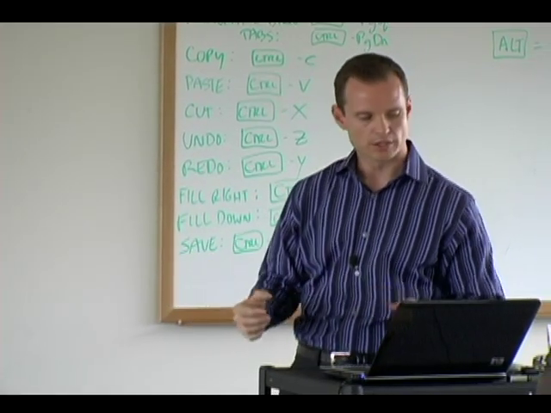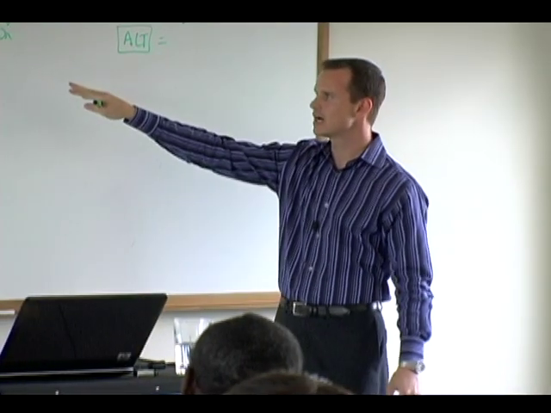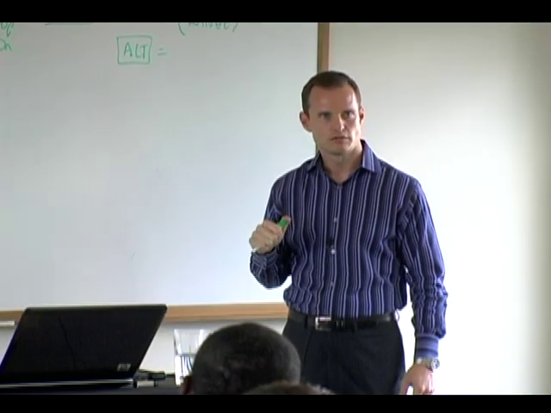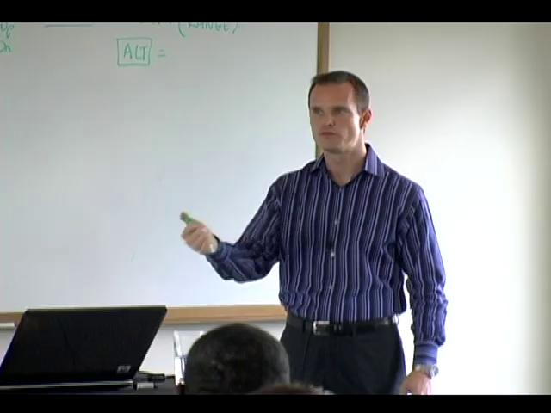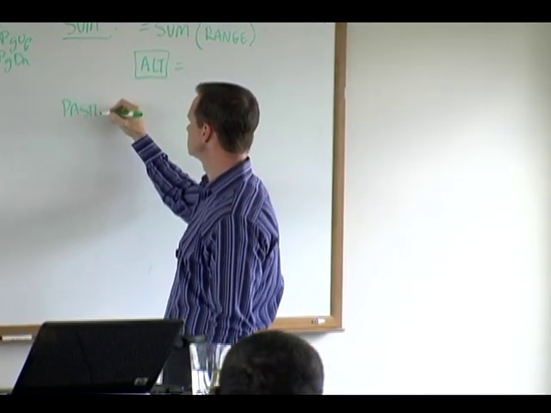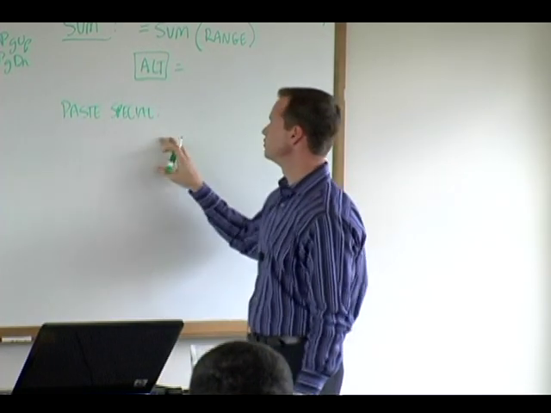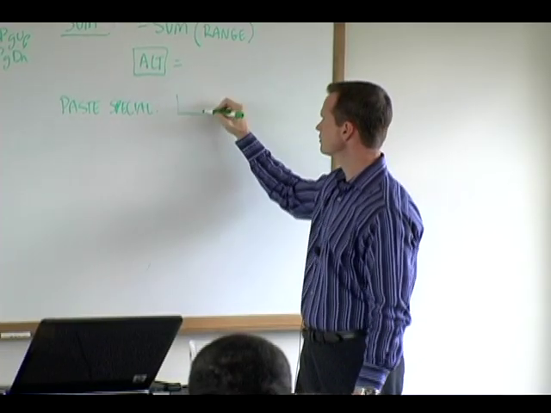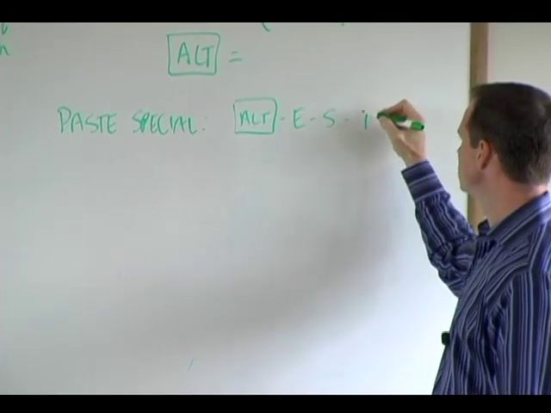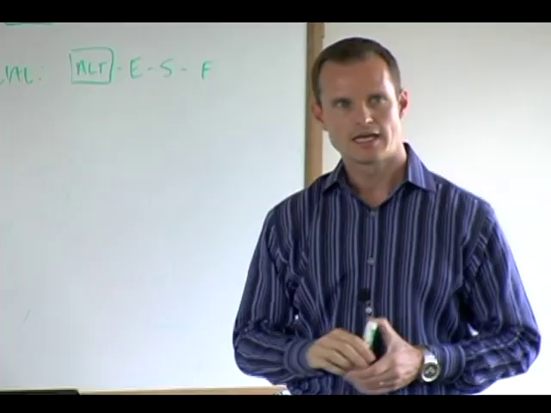All right, so this is where we're going to use a little bit of a different paste command. We're going to use Control-C to copy, but we're going to use something called a paste special when we paste this to preserve the formatting in those cells. Right? In paste special, there are a number of ways we can do this. In this case, what I want to do is paste only the formulas and not the formats.